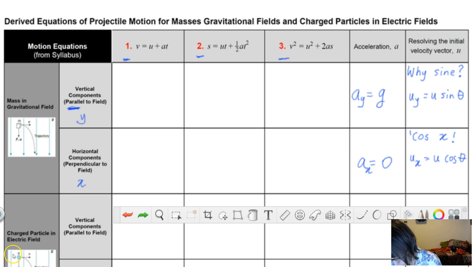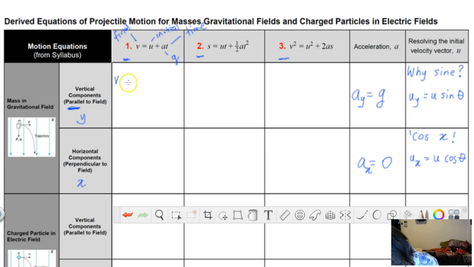So starting with equation 1, let's think of it in terms of dropping a ball from rest, and recall what each of these variables are. Since the ball's been dropped from rest, we've got an initial velocity that happens to be 0. Then we've got the final velocity of when the ball hits the ground, the time it takes, and then acceleration due to gravity. Notice the variable that's missing is displacement. So let's rewrite this equation with our subscripts.